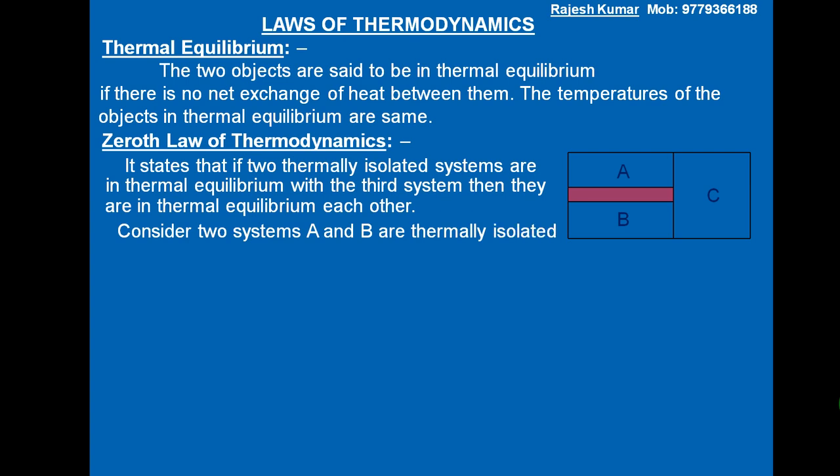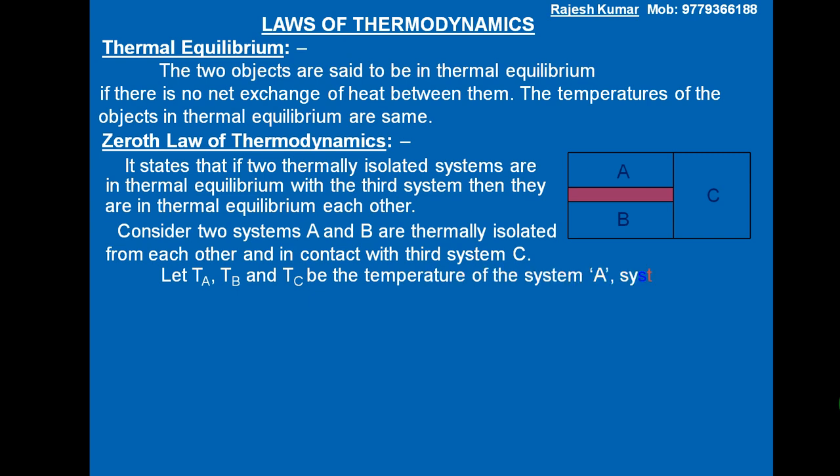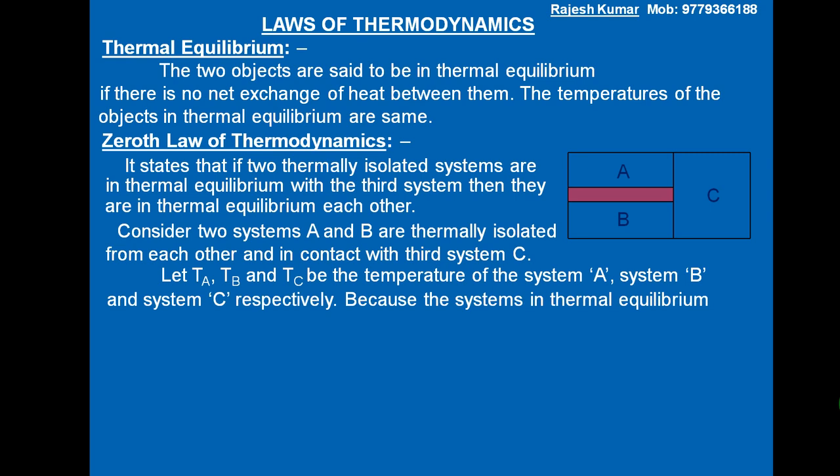Consider two systems A and B thermally isolated from each other and in contact with the third system C. Let TA, TB and TC be the temperatures of system A, system B and system C respectively.